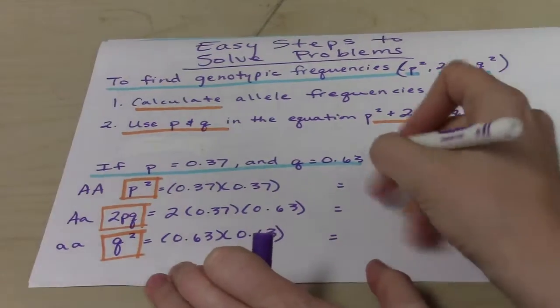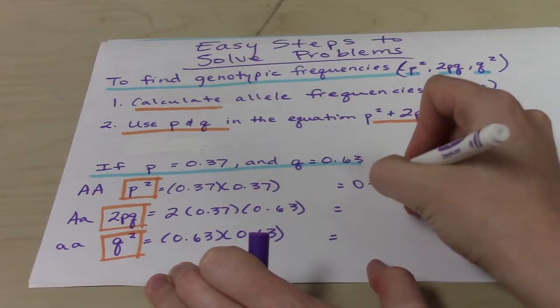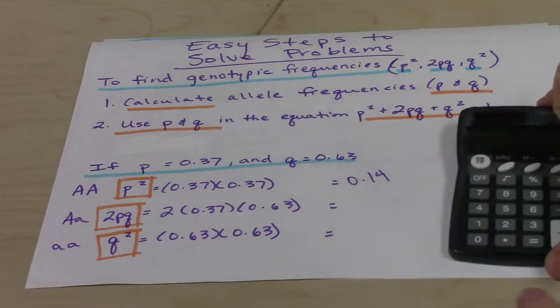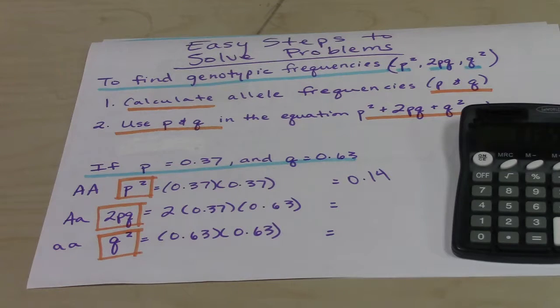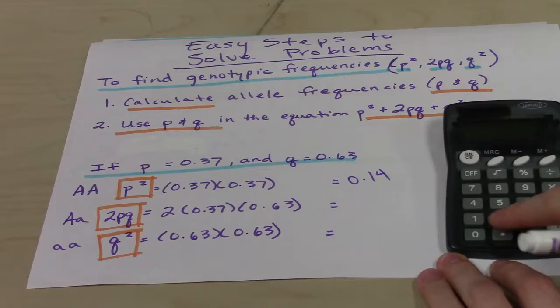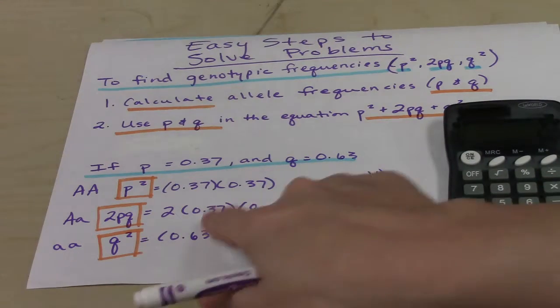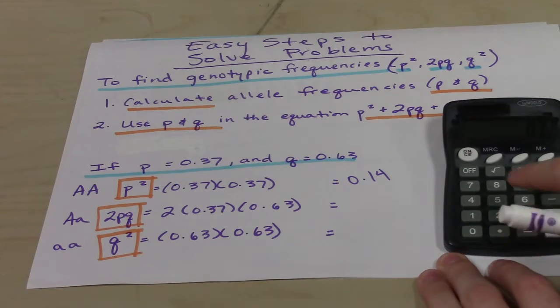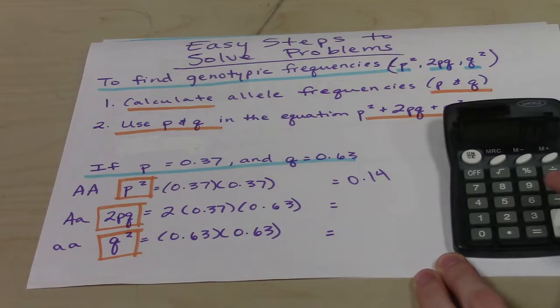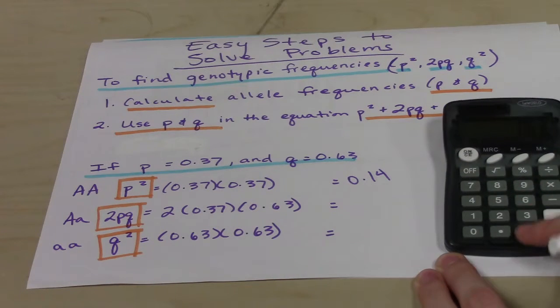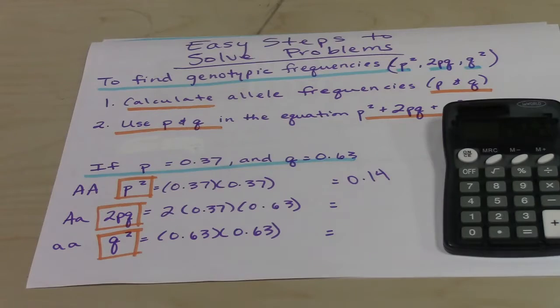I like to round to the hundredths place. And then to find the frequency of heterozygotes in this population, we multiply 2 times P, which is 0.37, times Q, 0.63, equals 0.47.